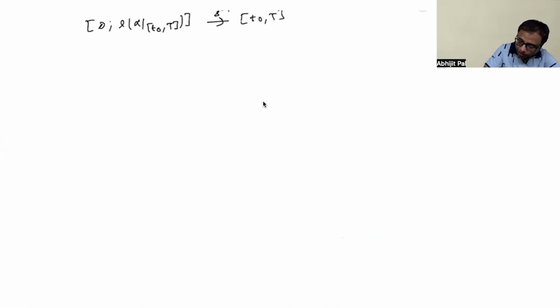So alpha restricted to T naught capital T is defined here. And we again have this map, which is basically alpha compose S inverse.